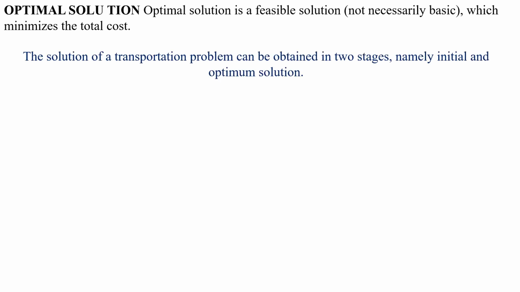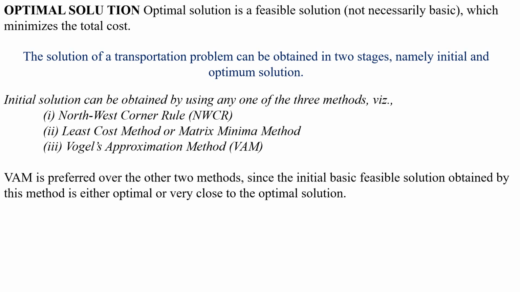Next one is the optimal solution. An optimal solution is a feasible solution which minimizes the total cost. The solution of a transportation problem can be divided into two stages: first the initial solution, and second the optimal solution.